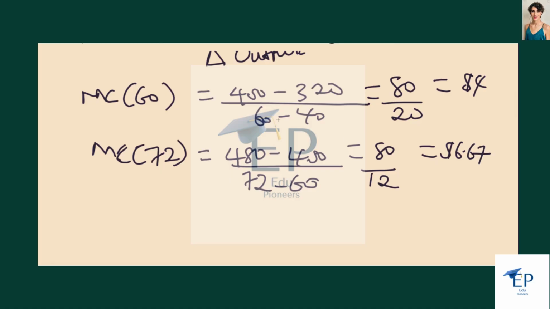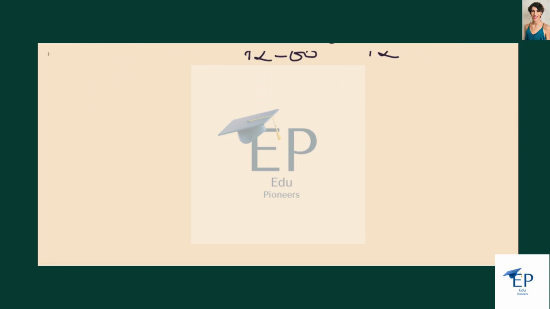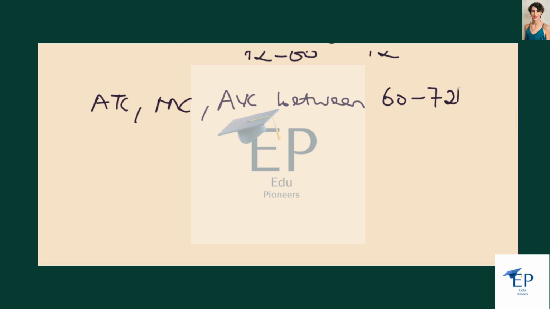So now we're going to draw the graph, because the question asked us to draw the graph. And the graph is going to show the average total cost, the marginal cost, and the average variable cost between 60 and 72 haircuts. So this is what our graph is going to show.